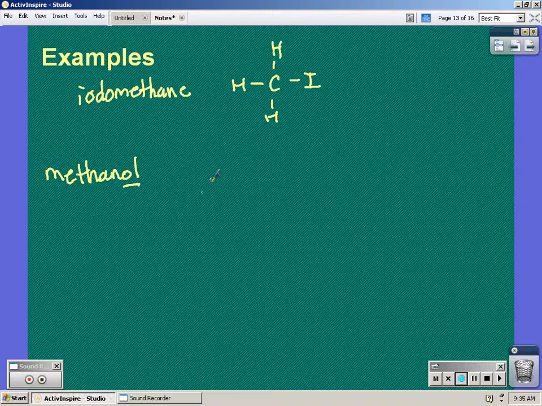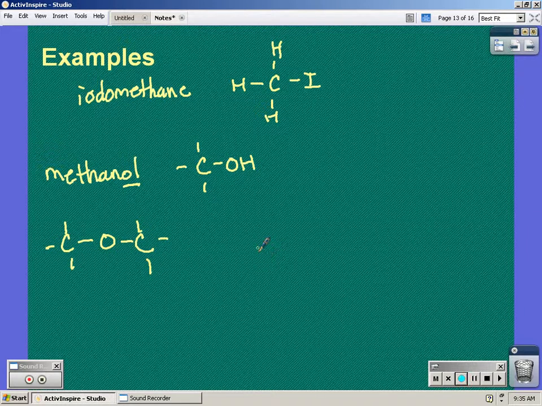So I would have my 1 carbon because of meth, I would have my alcohol group, OH, and then I would have my other 3 hydrogens. If I had this chain, I have 2 methyl groups with an oxygen in between, so that's an ether. So I have 2 methyls, dimethyl ether.